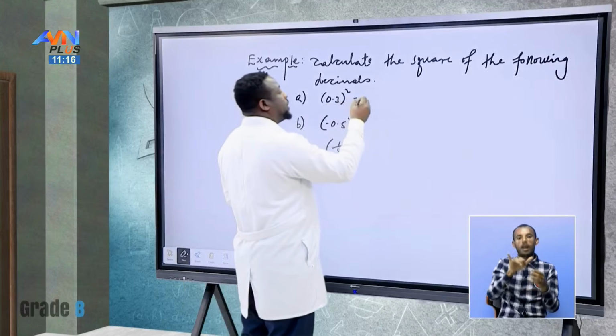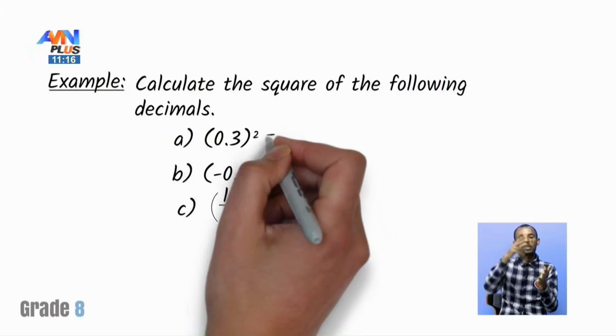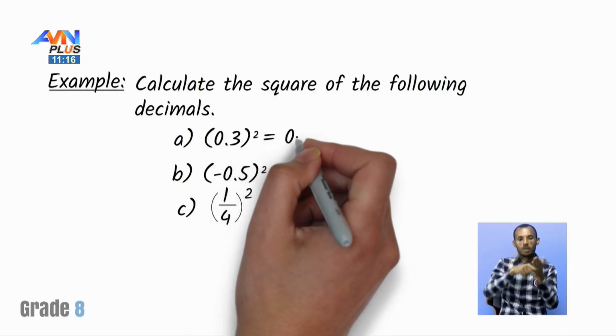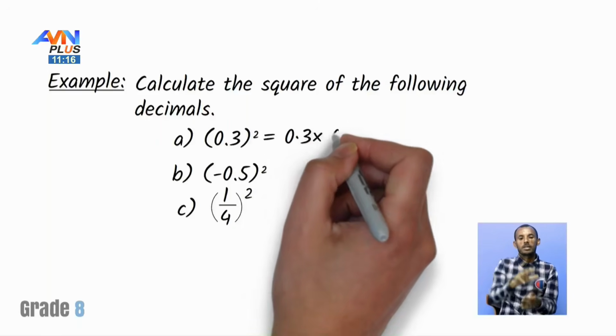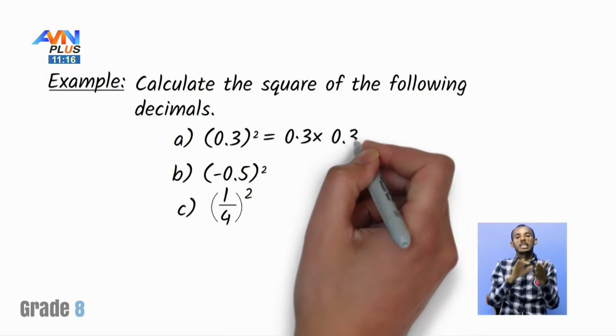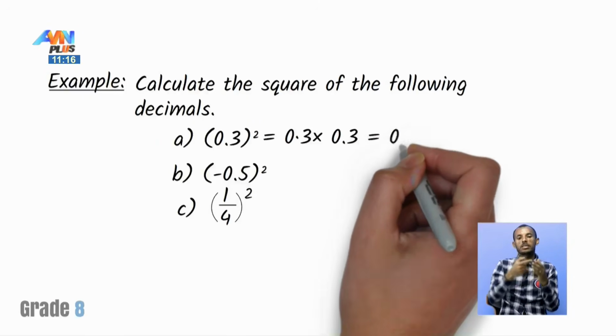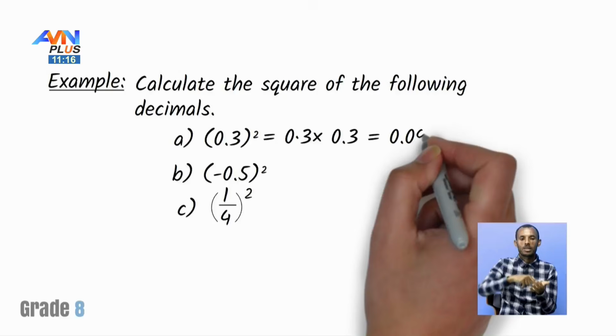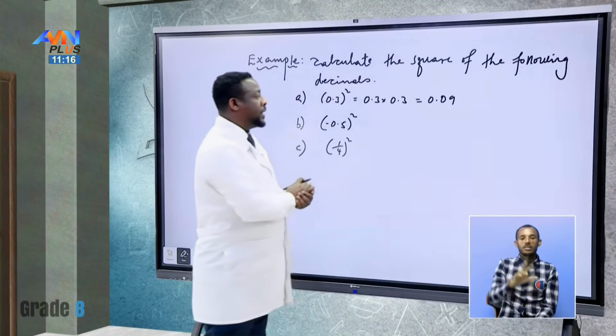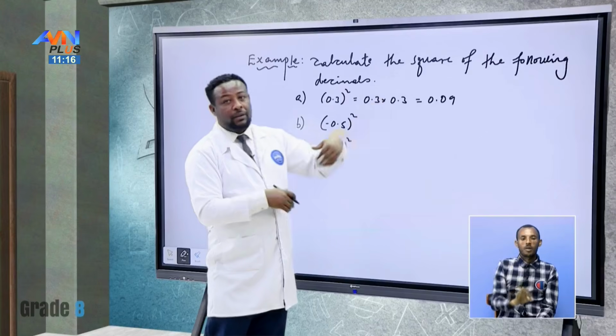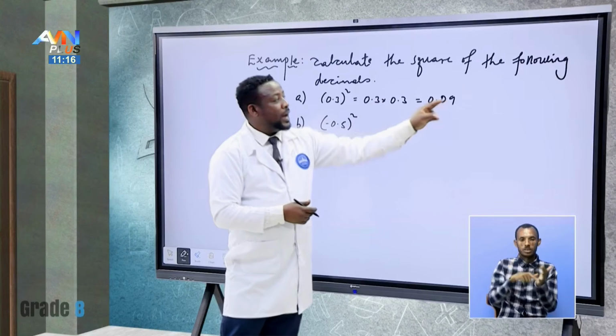So 0.3, the whole square, means 0.3 times 0.3. There are 2 digits after the point, so this becomes 0.09. 3 times 3 is 9, and with 2 digits after the point, we have this.